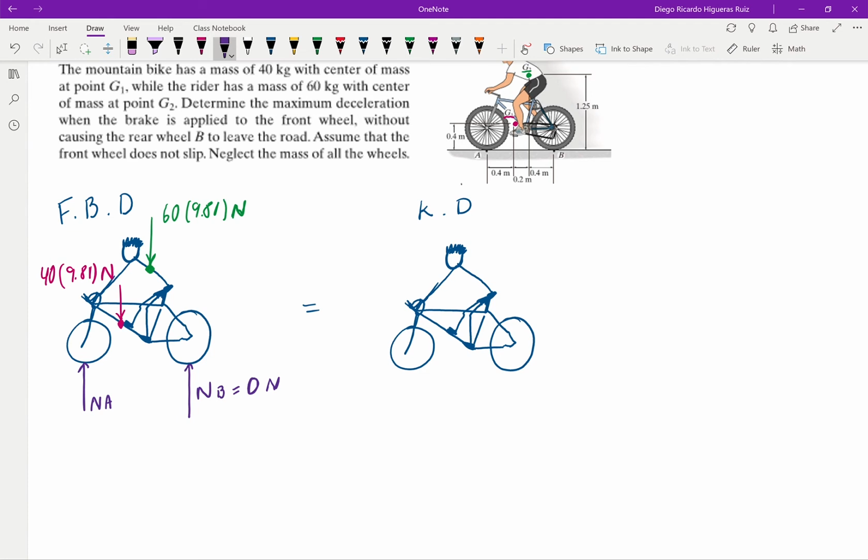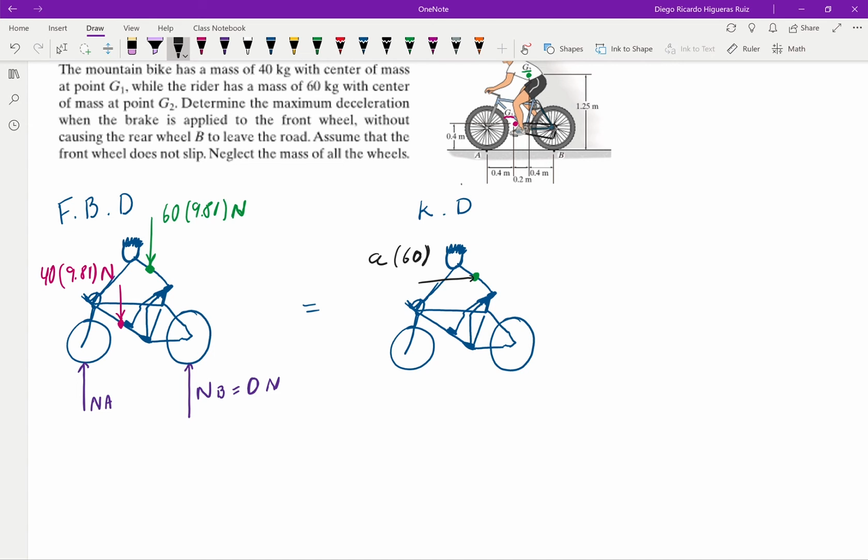That being said, I think those are all the forces that we need to apply there. Okay. Then if we go to the kinetic diagram, here we have mass times acceleration. For this problem, the two masses are the mass of the guy, so the acceleration of the guy riding this bike times 60.